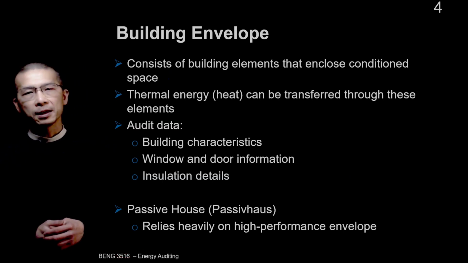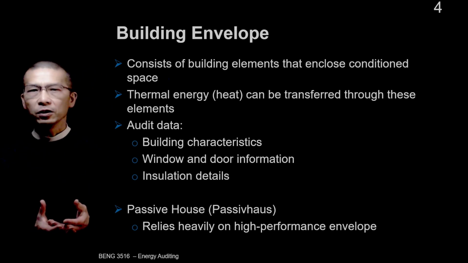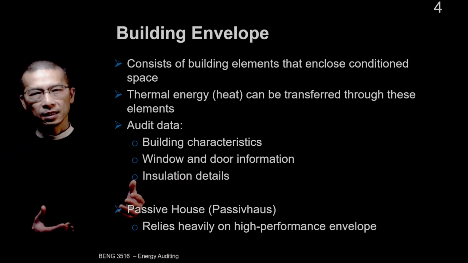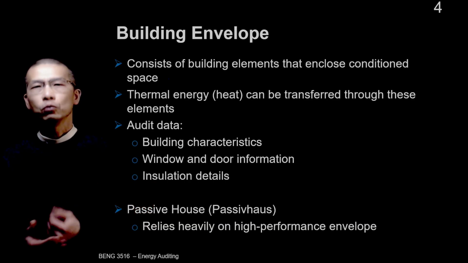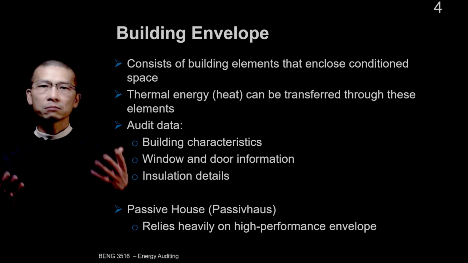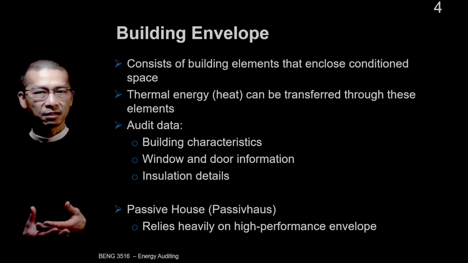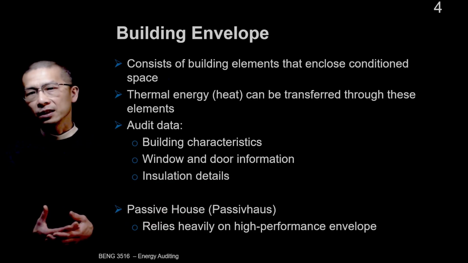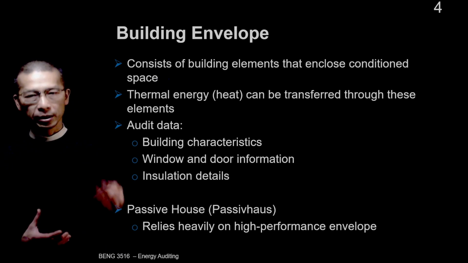Here we define the building envelope. In the simplest terms, the envelope consists of every element that encloses the conditioned space, the area we pay to heat and cool. As auditors, we must view the walls, roofs, and floors as thermal boundaries where energy is constantly trying to escape or enter. To audit this effectively, we categorize our data collection into three groups.